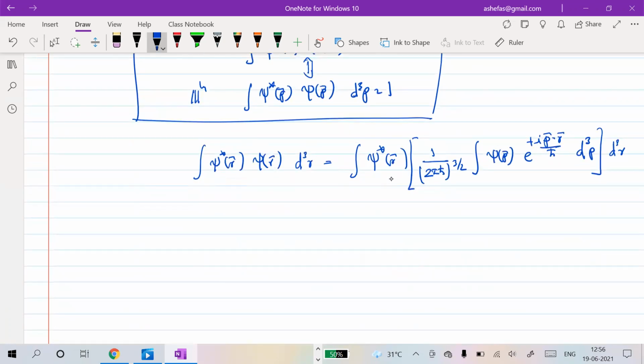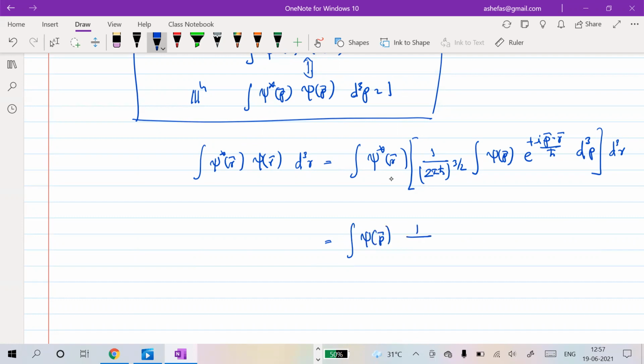Now this integration always commutes. So we have two integrations, with ψ*(r), ψ(p), and d³r and d³p. The factor 1 by (2πħ)^(3/2) we can take outside. What we can do is first perform the d³r integration, taking ψ(p) outside.